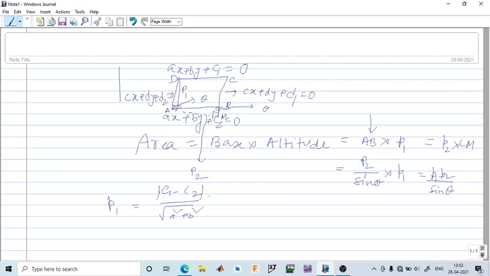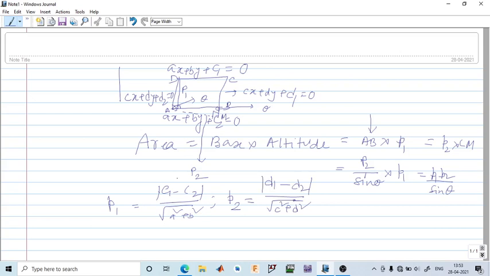We know the distance between two parallel lines, and in a parallelogram it is also the perpendicular distance. And P2 will be d1 minus d2 over root of c square plus d square. Clear?